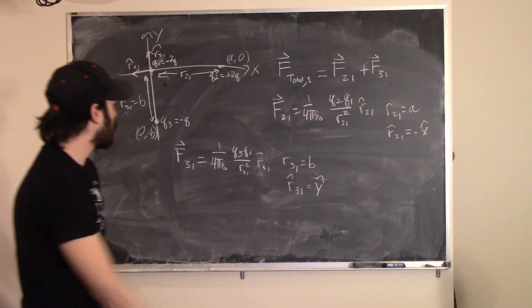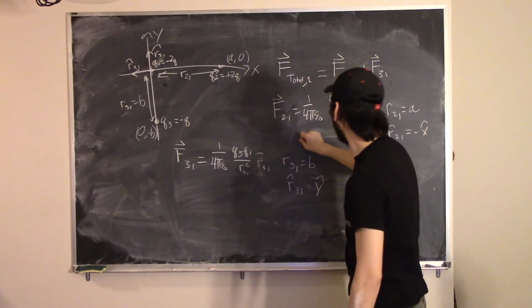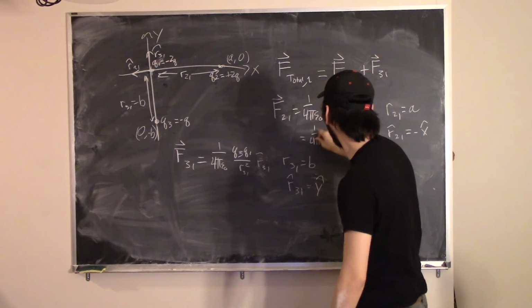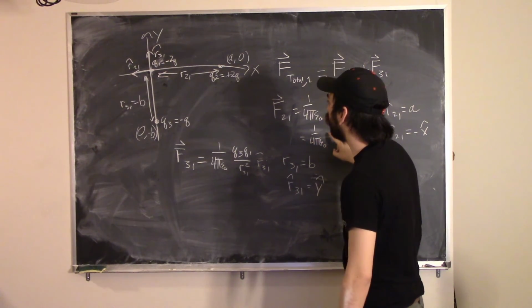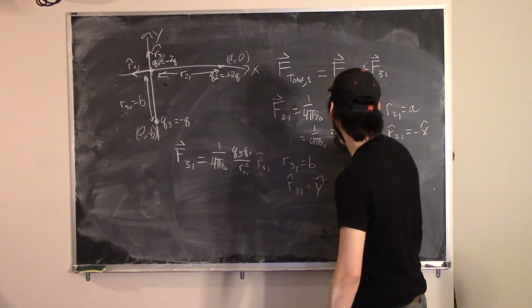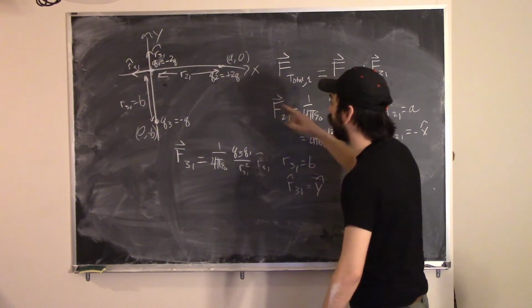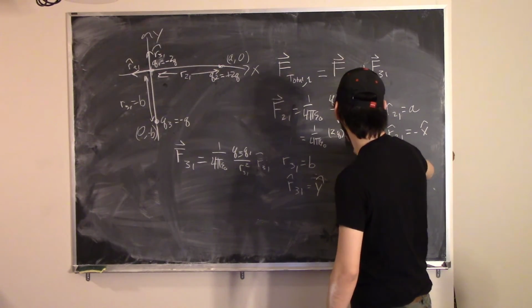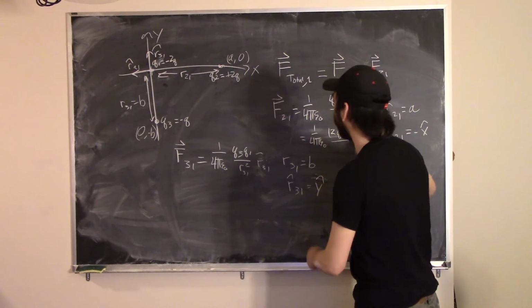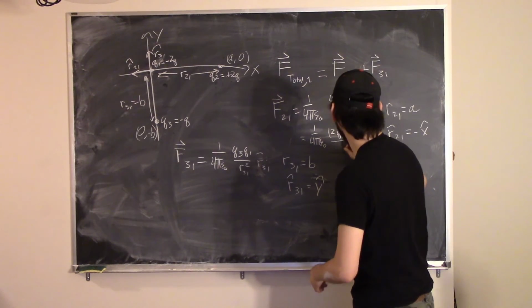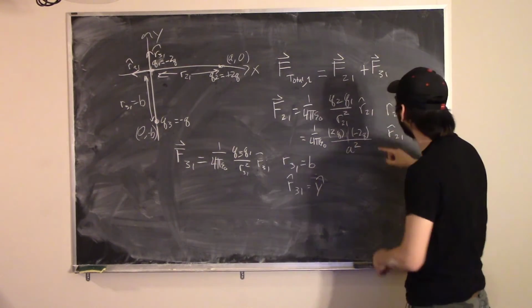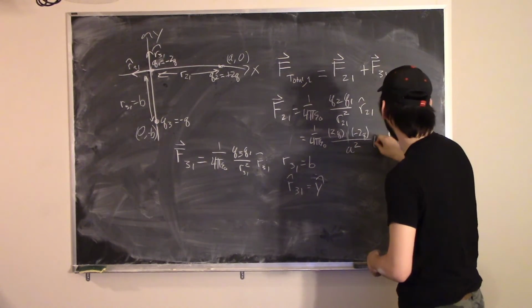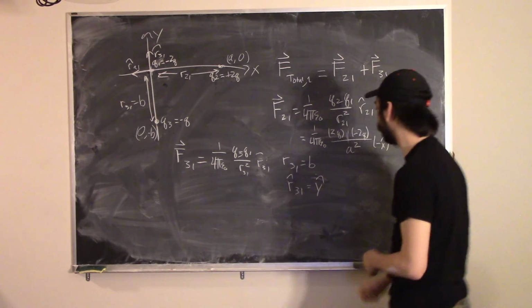So let's start with our F21. This is equal to 1 over 4 pi epsilon naught, Q2 is 2Q, Q1 is minus 2Q, divided by the distance, which is A squared, times the unit vector in the minus x hat direction.